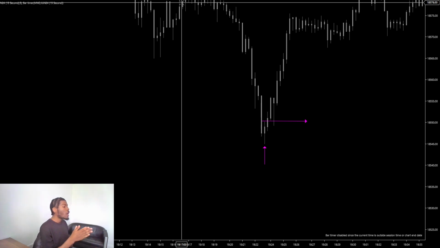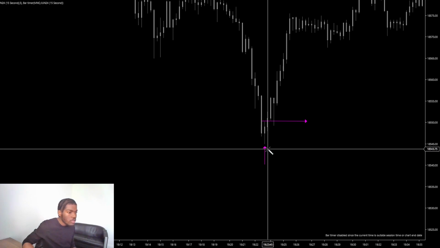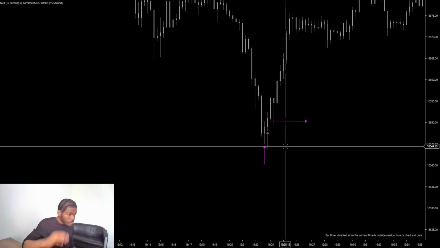Now, how do you identify the last up candle? A last up candle is valid when the next up candle moves above the previous up candle's high. So you guys see this candle here.